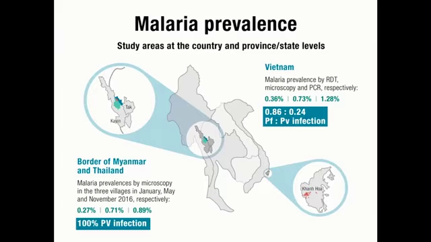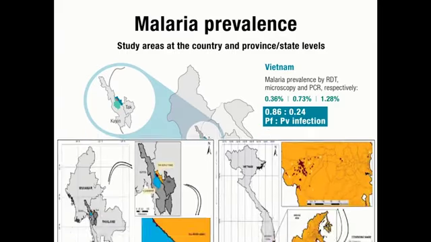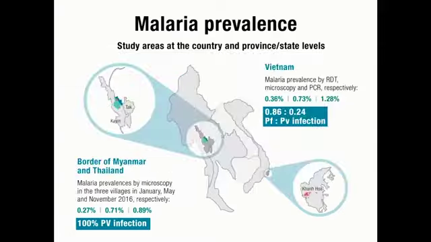This is along the Thai-Myanmar border and in central Vietnam. Here you can see the malaria prevalence in the different study areas. Very similar in Vietnam and in Thailand, but in Thailand it's 100% Vivax, whereas in Vietnam it's majority falciparum.